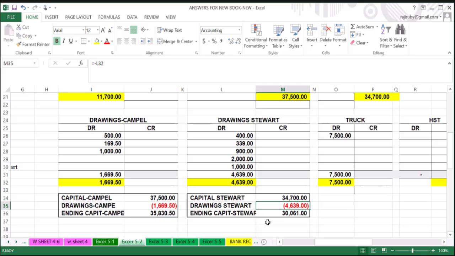The method chosen by the partners for dividing the profits or losses is called the profit-loss ratio. It may be divided equally or on a fractional basis, based on amounts invested, using a fixed ratio, or using a salary allowance with any remaining profits divided using a ratio.